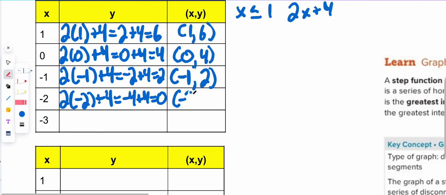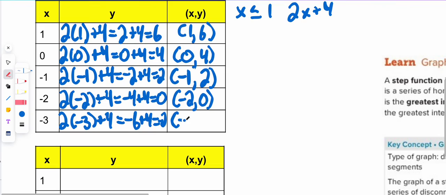So that point would be at -2, 0. Then we can plug in that -3. So I have 2 times -3, which is -6, plus 4, which is -2. So that point would be -3, -2.